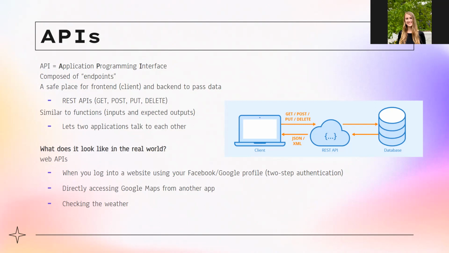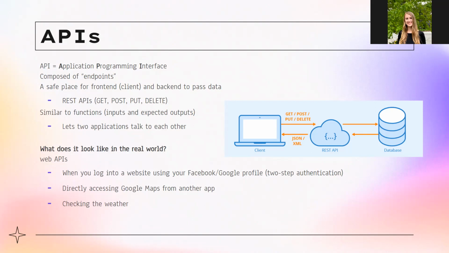That ability is done through APIs that connect your app to the Facebook and Google database, and that allows for two-step authentication and easier login accessibility, and so on and so forth.